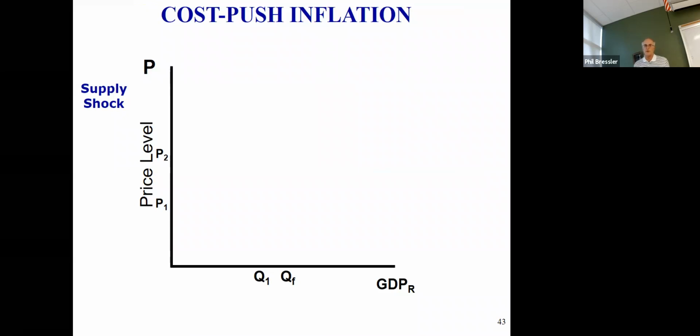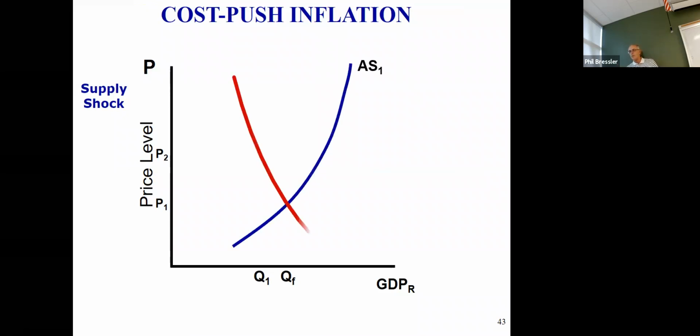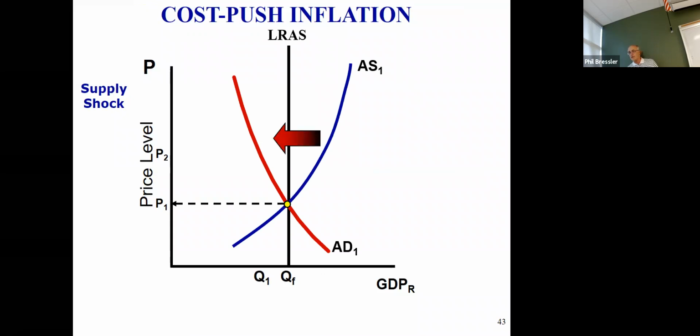All right, cost push inflation. They asked this way more. Cost push inflation would be OPEC stops selling the United States oil. Oil supply down, aggregate supply left. Now, cost push inflation is stagflation. They're the same thing, different ways of saying it. Why? We've got price levels going up and output going down.